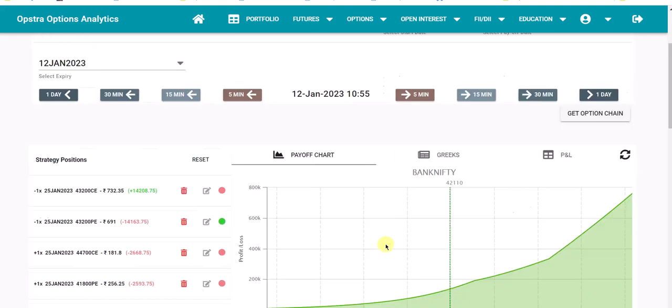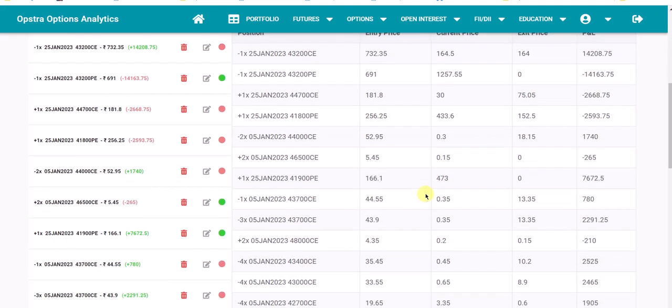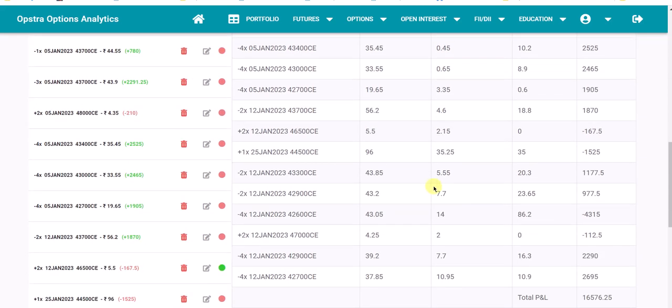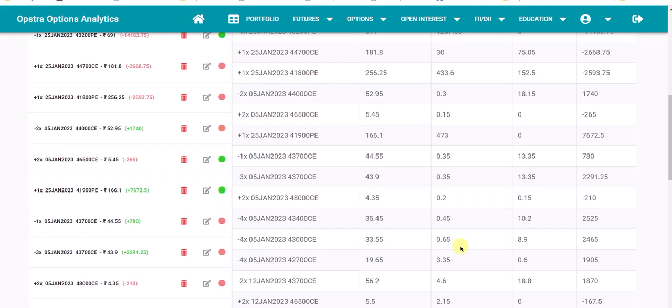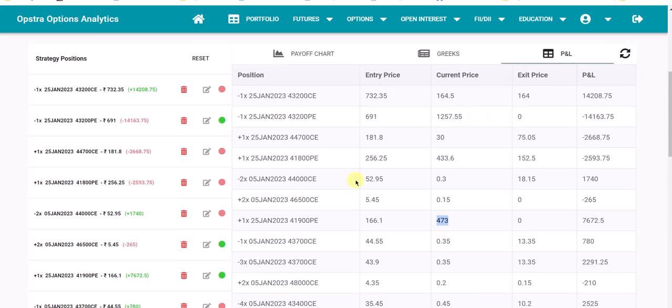Now what I will do, go to P&L, and we have 1,250. 1,257, and the difference between buy and this, we can bring that closer if okay. Let's maintain this distance. We don't have to play with this now.